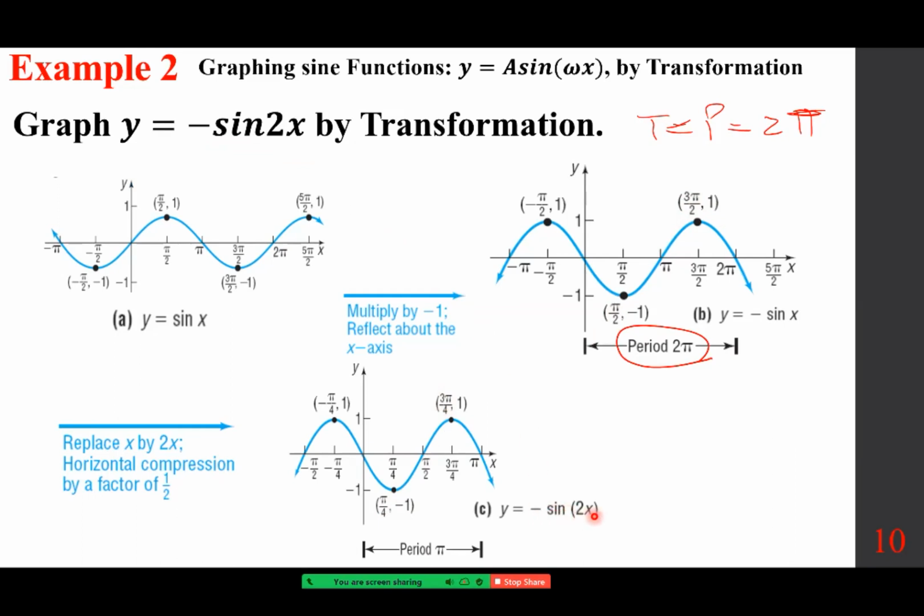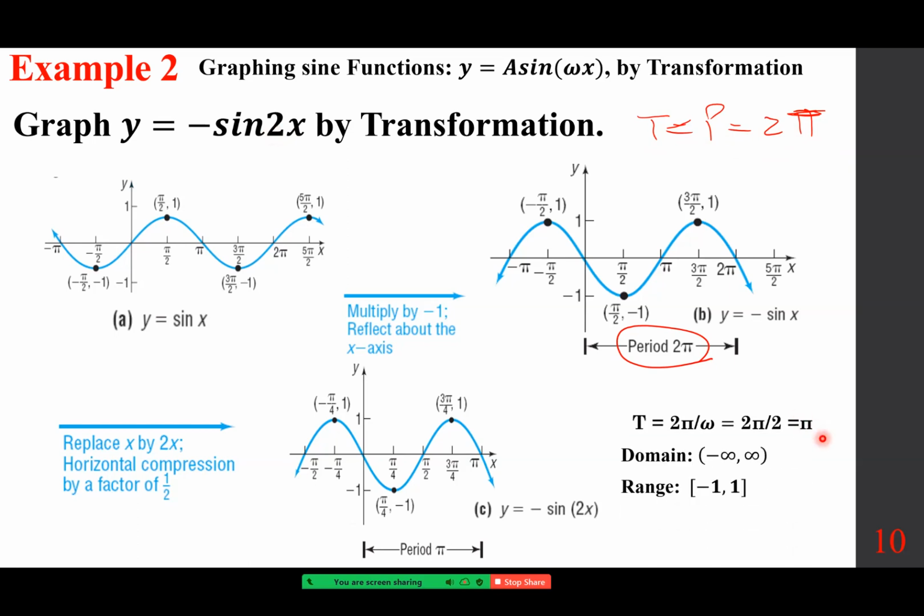The domain hasn't changed, it's all real numbers. The range hasn't changed, it's from -1 to 1. So what has changed? The period. The period is 2 pi divided by 2, which is pi.